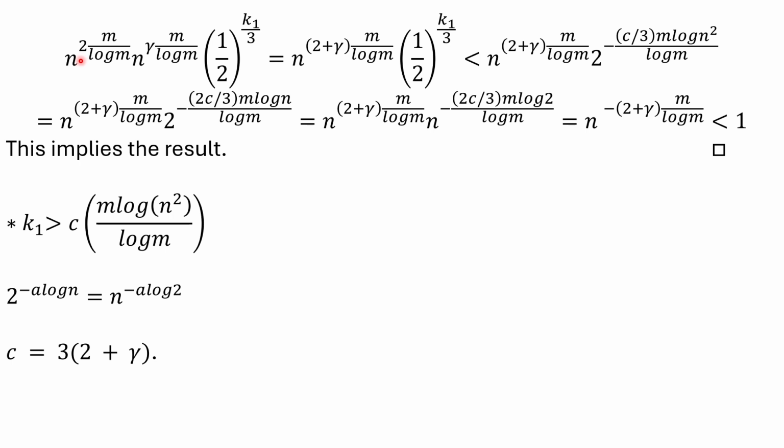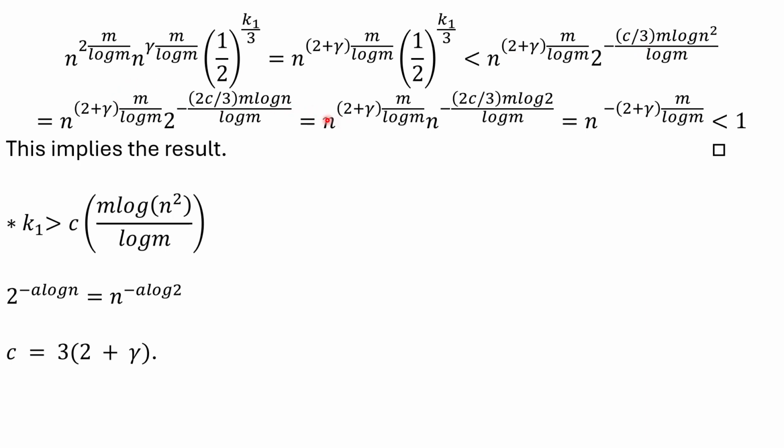First, we have the same base, so we can add the exponents 2 plus phi. This is how we go from this to this. We know that k1 is greater than this number right here that we saw in the previous slides. That's why this inequality holds. M log n squared, we can take the 2 here because this is one of the log properties.